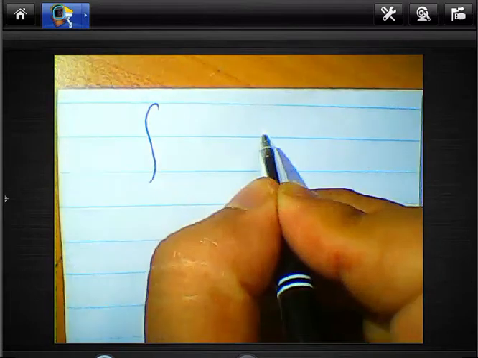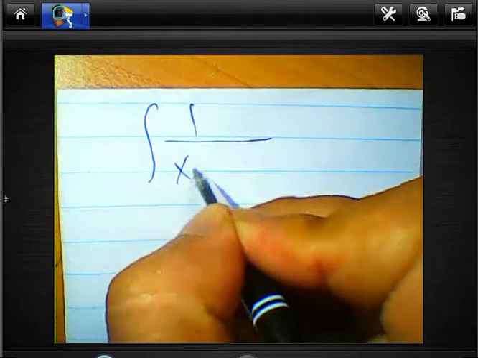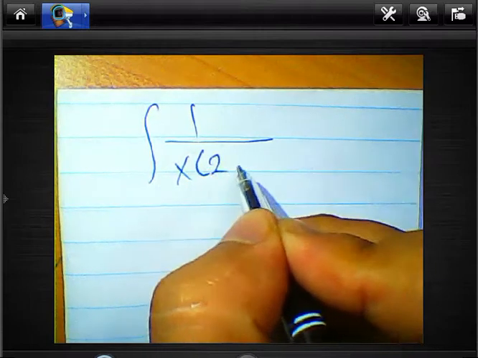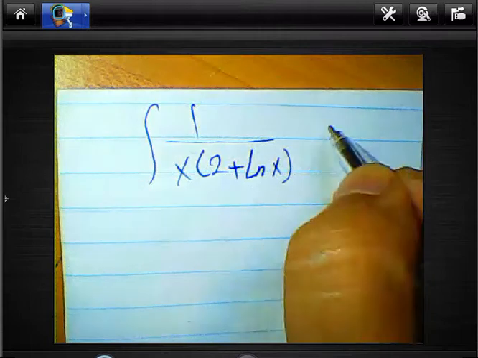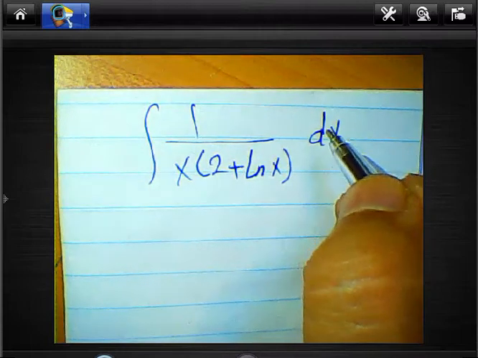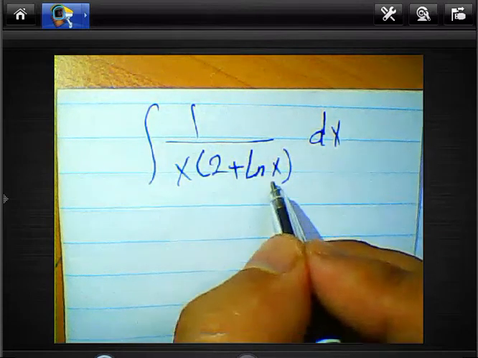Another example, we want to find the integral of the function 1 over x multiplied by 2 plus ln of x, dx. We can write u equals ln x.